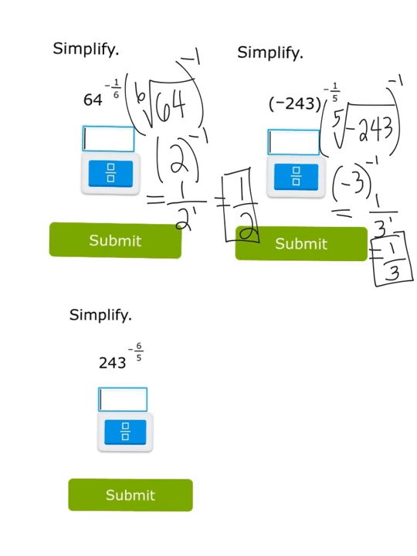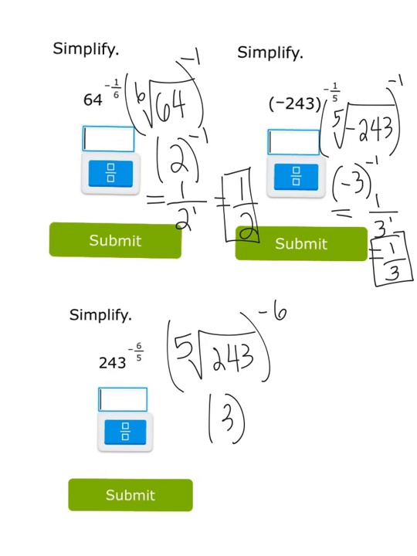Okay, last example and you are done. So I have the fifth root, again, of 243, but this time I'm raising it to the negative 6th power. So I already know, just because of the last problem, the fifth root of 243 is positive 3, and then I would raise positive 3 to the negative 6.